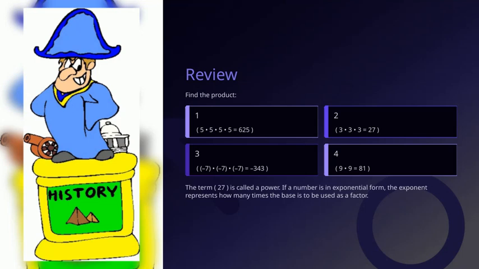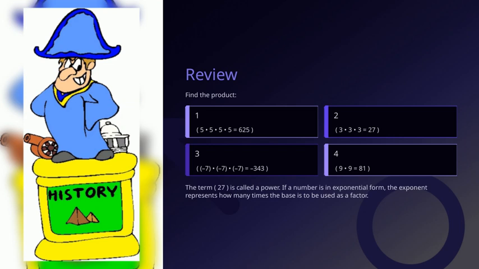Let's review how to find the product in different situations. First, look at the example with 5 multiplied by itself 4 times. 5 times 5 times 5 times 5, which equals 625. This shows repeated multiplication of the same number. Next, we have -7 multiplied by itself 3 times, giving us negative 343. Now, a key concept here is the term power.